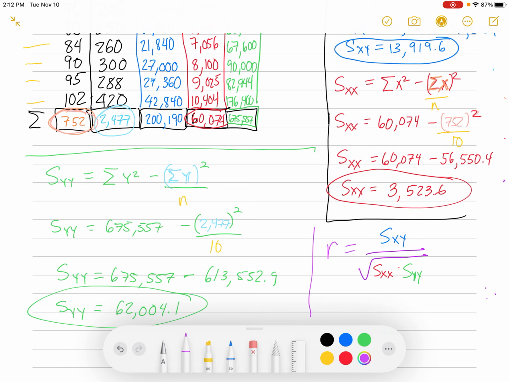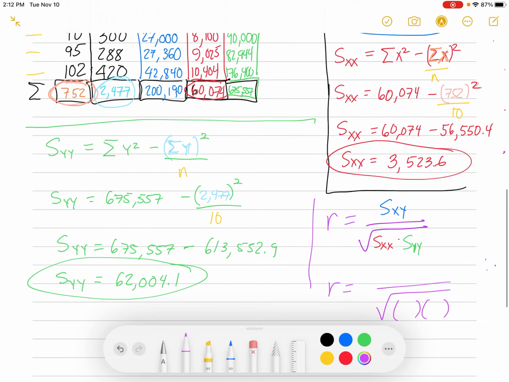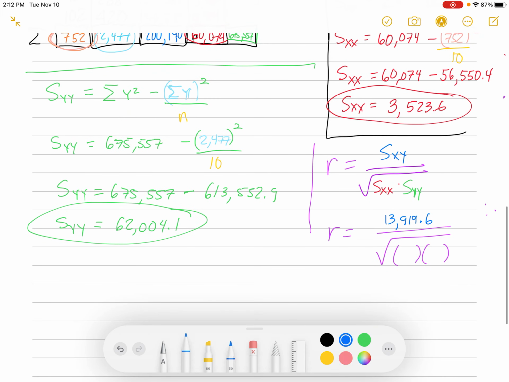So here goes. In place of SXY, I'm going to put 13,919.6. In place of SXX, I'm going to put 3,523.6 multiplied by SYY.